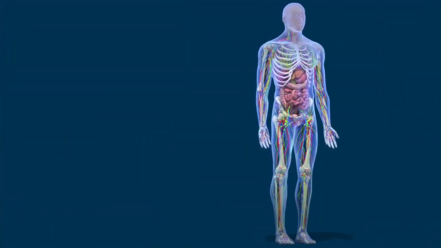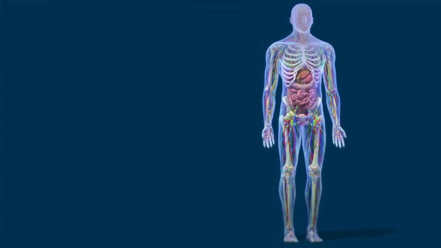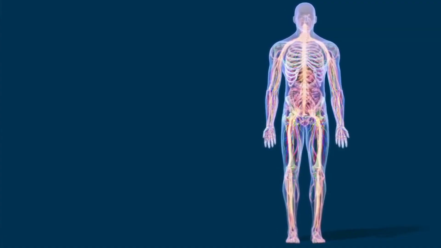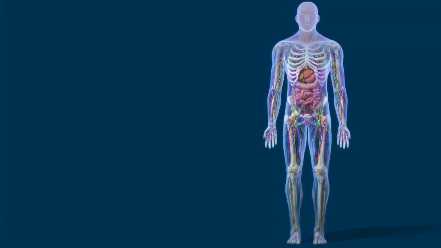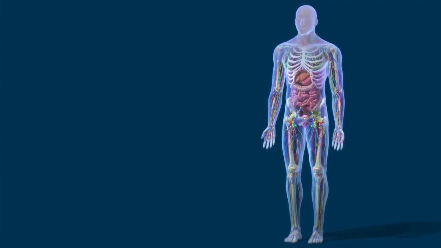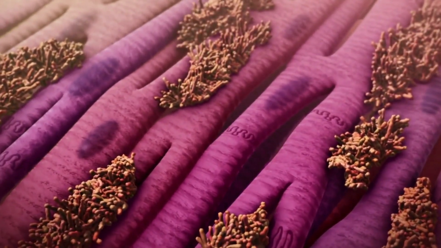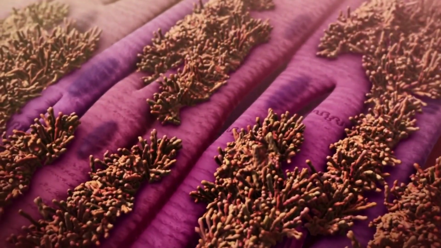TTR amyloid deposits are most commonly found in the heart, where they cause cardiomyopathy, and in the nervous system where they cause neuropathy. Deposits can also be found in the digestive system and kidneys. As the amyloid builds up, it starts to disrupt the function of affected organs and cause symptoms.